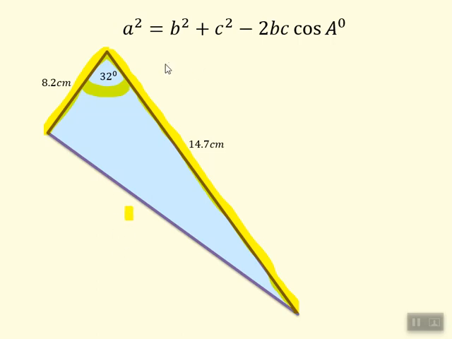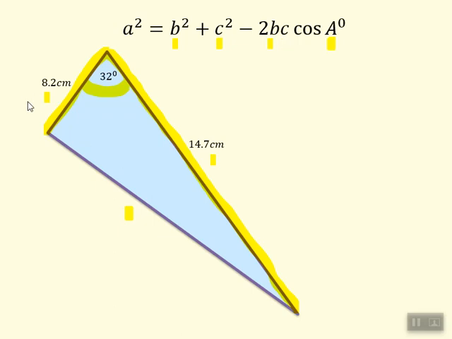B and C are those two sides, and then 32 is the angle between them, that goes there. B and C can be in any order, but B squared goes there, C squared goes there, B, C goes there, and you can work out the third side.